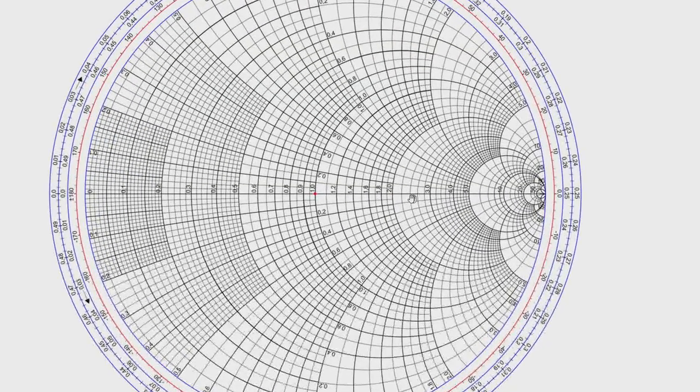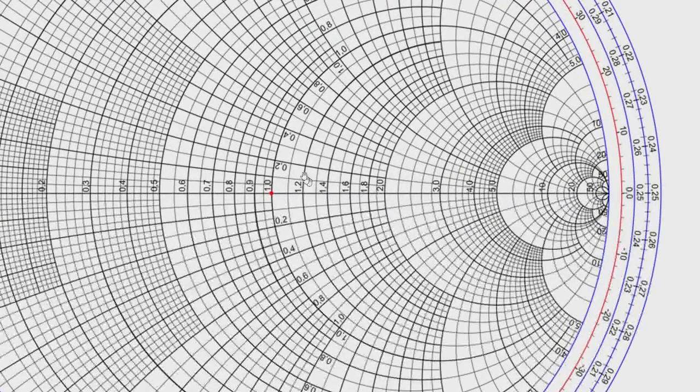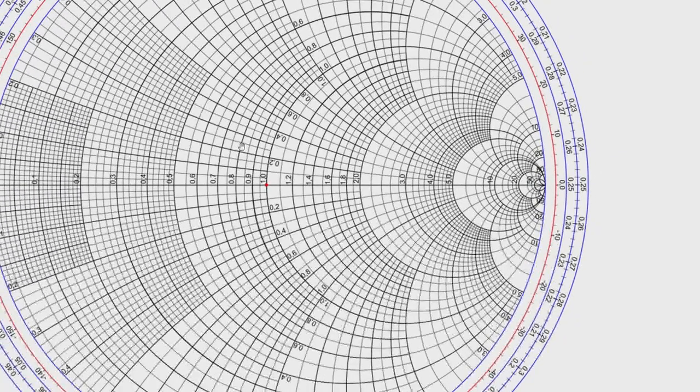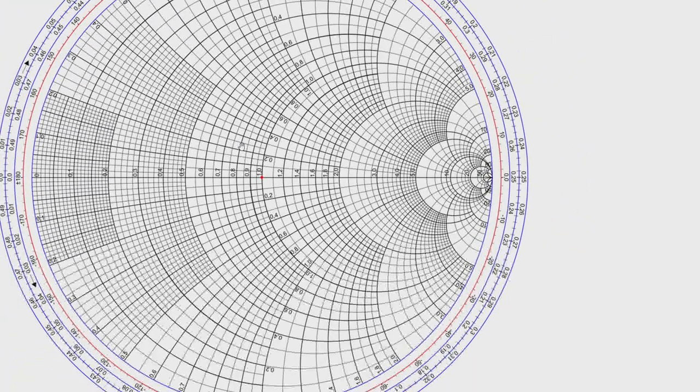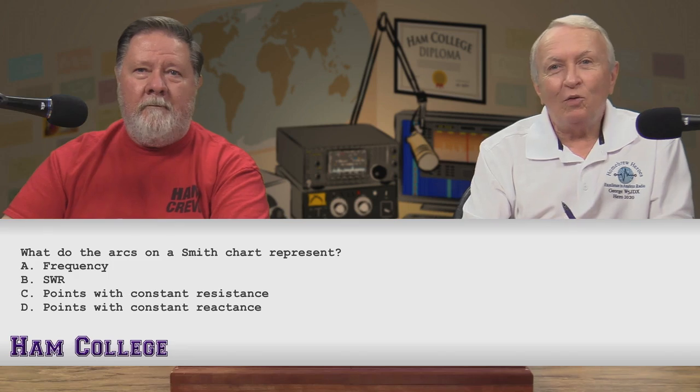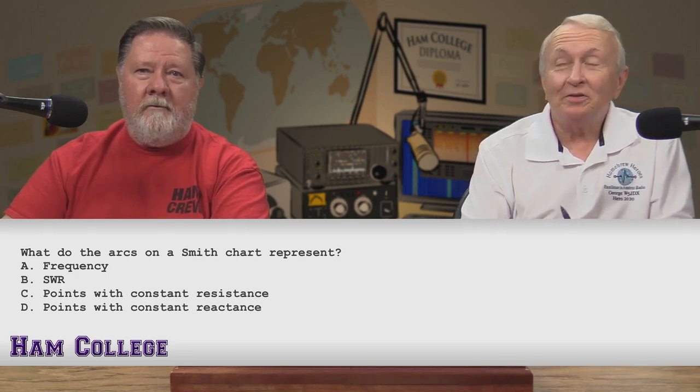Look at this. What are arcs? To me, there's a lot of arcs on there. I'm assuming they're those to the right, starts here, there and goes around up to the right top. That's an arc. Okay. Points of constant reactance.